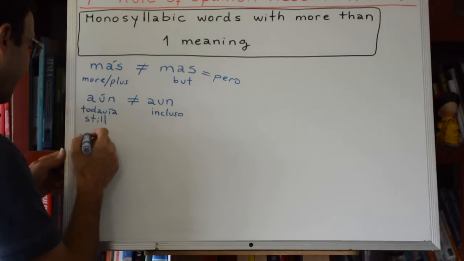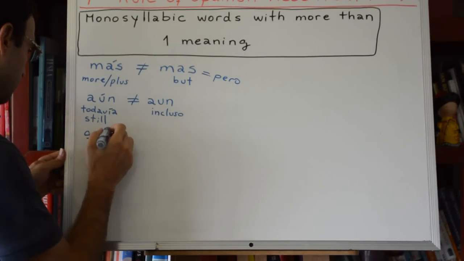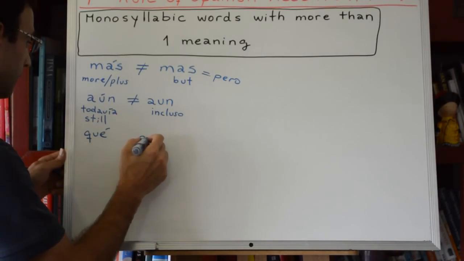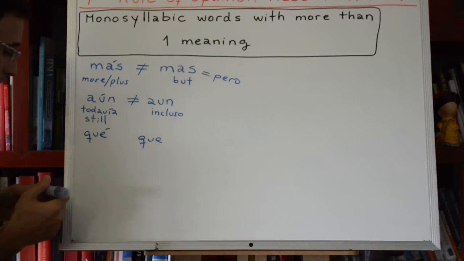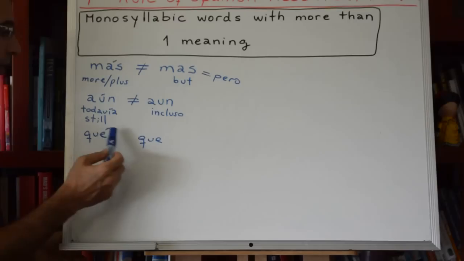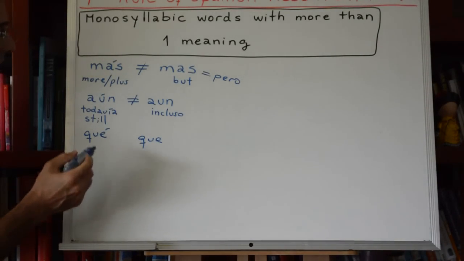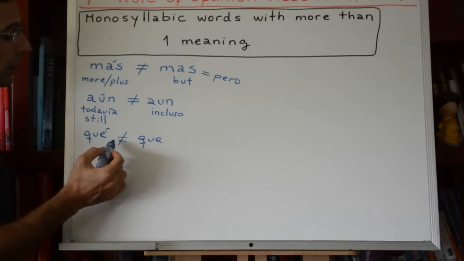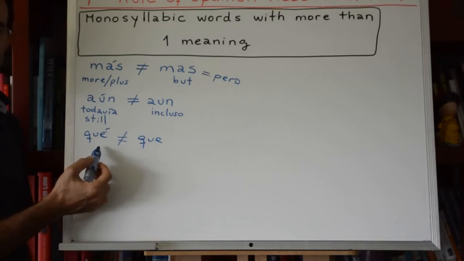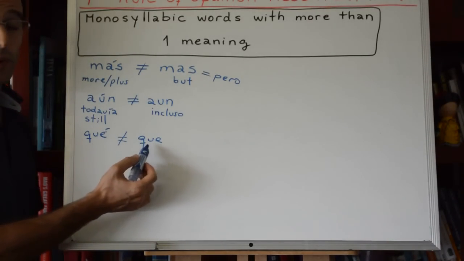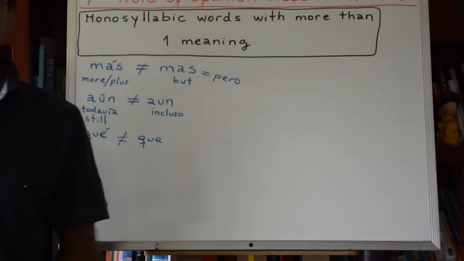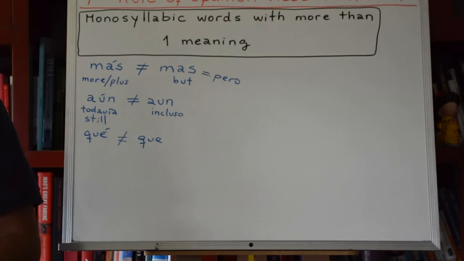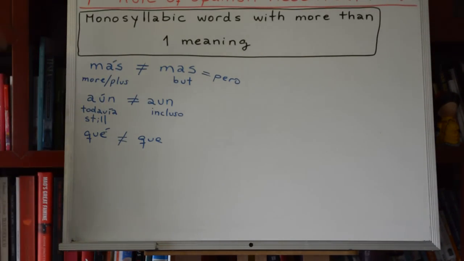Okay, another example, let's see. The word que, right? Qué and que, question word, and here the qué with a tilde means what, right? What. Que without the tilde means that. I mean that, blah, blah, blah, okay?